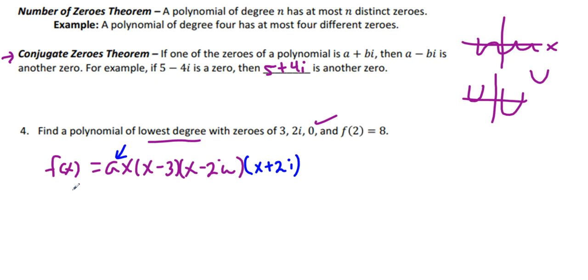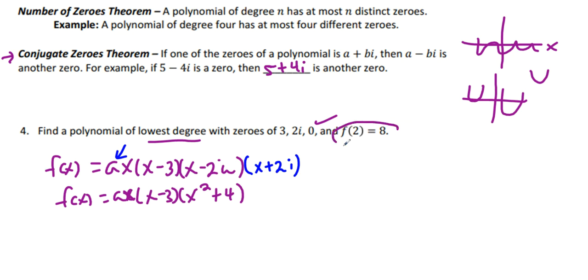So I'm going to rewrite this as f of x is equal to a x, there's my x minus 3. I'm going to clean up this conjugate right here. We've already practiced this in a previous lesson. So I do x squared, those cancel out, and then negative 2i plus 2i. This is going to give me a plus 4 because don't forget that i squared is negative 1. All right, so I'm going to rewrite this as x squared plus 4.